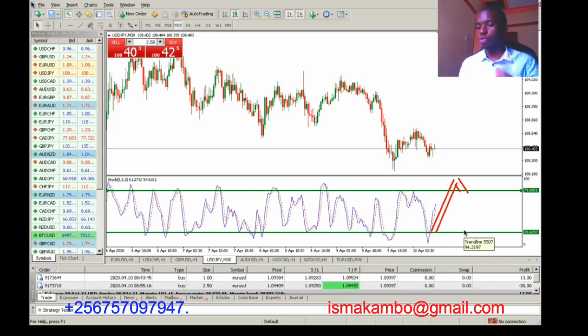That's when we are supposed to buy. And we are supposed to sell when the stochastic crosses 80 from above coming below. When it crosses 80, that's when we're supposed to sell.